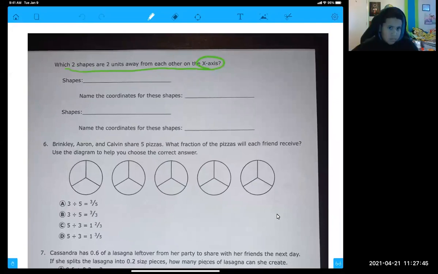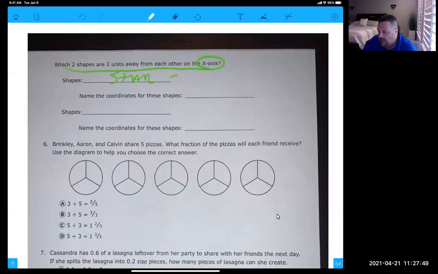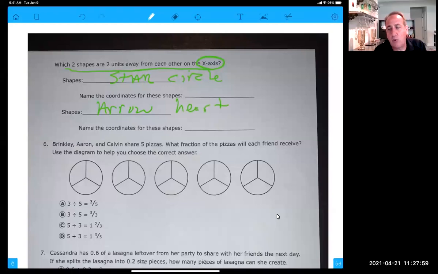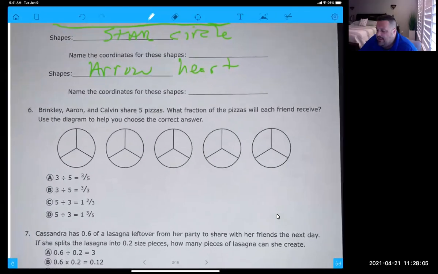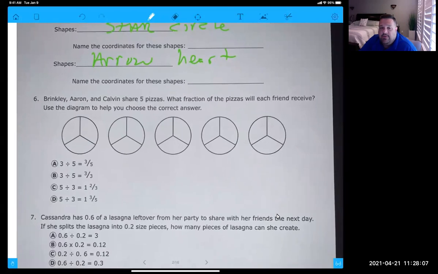Basically, the star and the circle and the arrow and the heart are the ones that are 2 apart. But you guys can see how that goes back and forth. And then you got to give the coordinates of those shapes. So you got to give the exact coordinates x and y. We'll look back at that on a different problem when you can see both screens.